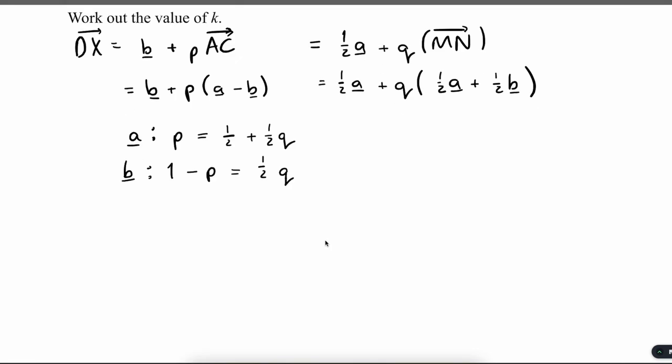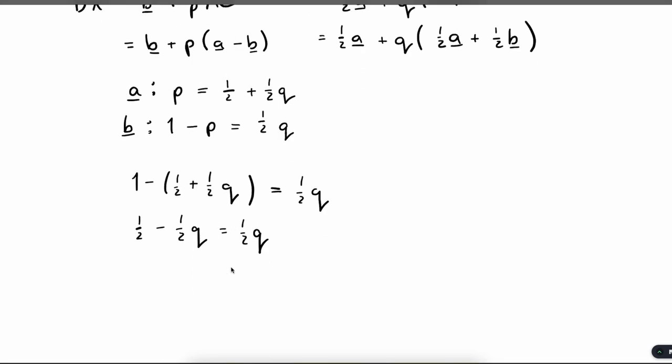So now we can sub this in. So 1 minus P, which is a half plus a half Q, equals a half Q. So that's a half minus a half Q equals a half Q. We can add on 1/2 Q to both sides, and we get Q is a half.